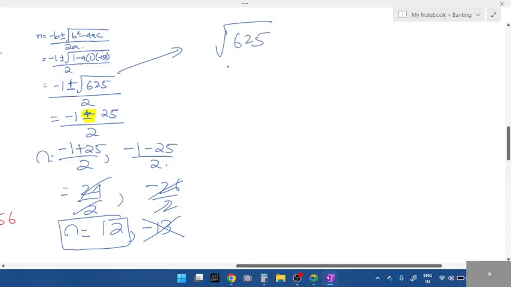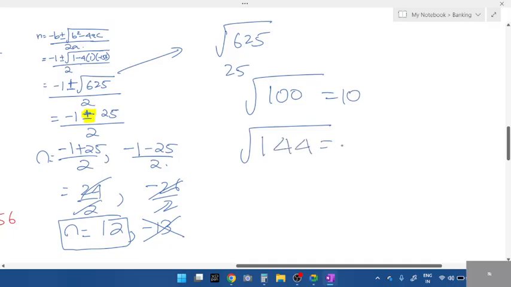The square root of 625 was 25. After solving, what if you get the square root of 100, students? What's the square root of 100? You have to take it as 10. What's the square root of 144?